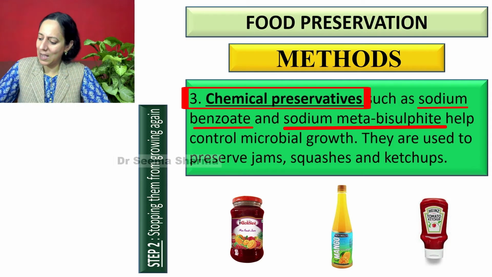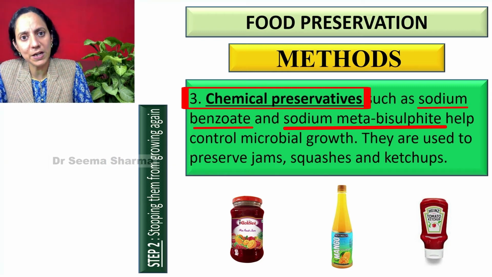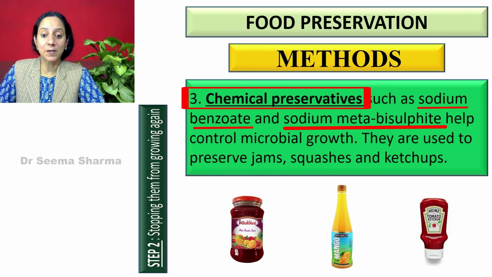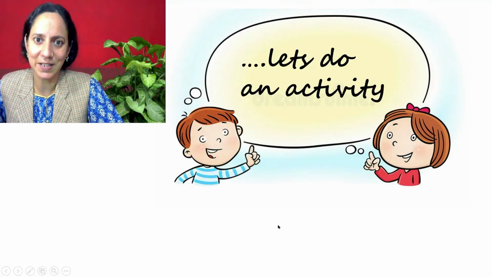So likewise, we have a number of commercial items, whether they are edible or non-edible, in which these chemical preservatives are used. In addition to this, we too have two very common chemical preservatives in our kitchen, and they are salt and sugar. To know about their utility, let's do an activity.